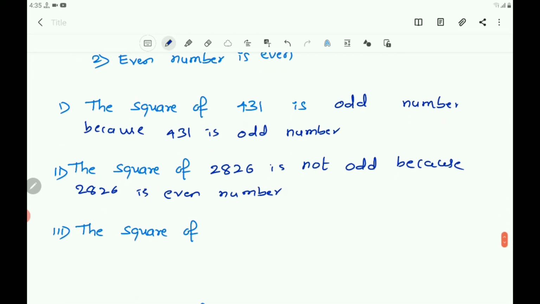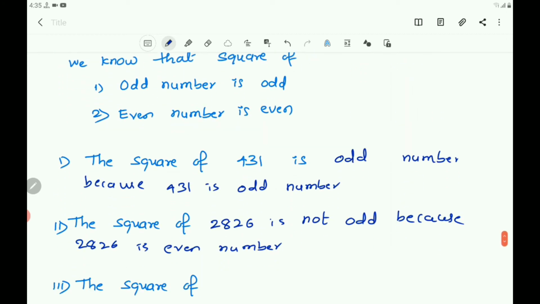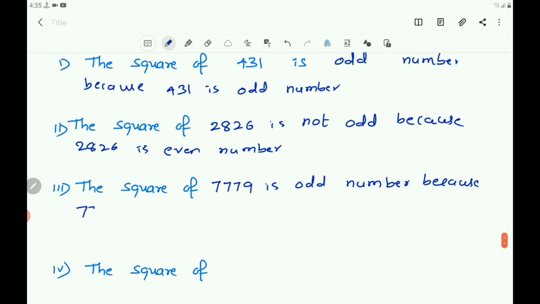Next, the square of 7779 is an odd number. Why is it odd? Because 7779 is an odd number.